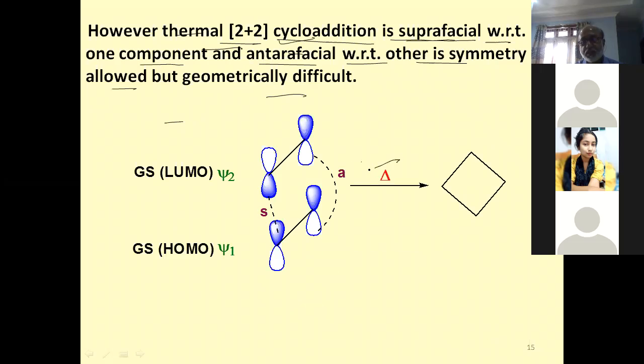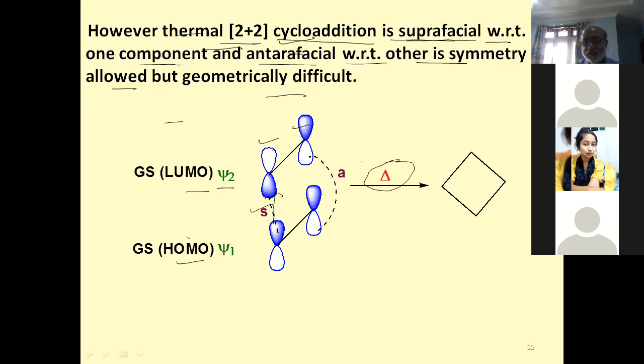Ground state, you see, is the condition. What is HOMO? HOMO is psi 1. What is LUMO? It is psi 2. Psi 1 is symmetric, with no node, and psi 2 is antisymmetric, so this lobe and this lobe have opposite phase. Now if it has to overlap, this one and this one can approach from the same side, so this is suprafacial.